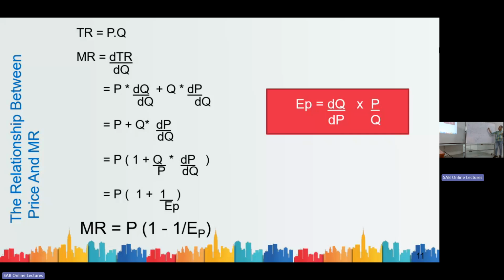When the point on the demand curve moves from point A to B, the price elasticity of demand will be minus 4.